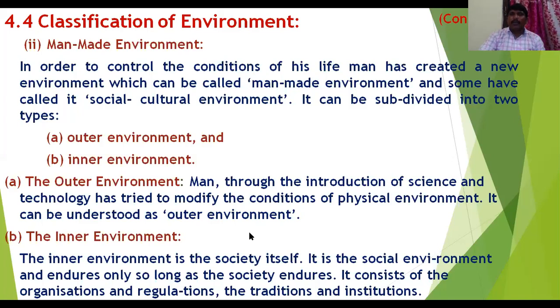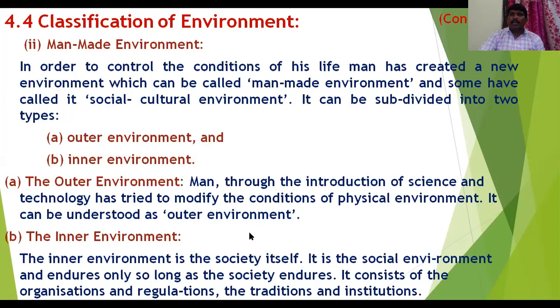B, the inner environment. The inner environment is the society itself. It is the social environment and endures only so long as the society endures. It consists of the organizations and regulations, the traditions and the institutions. It also includes the folkways and mores and customs which every human group provides for man.